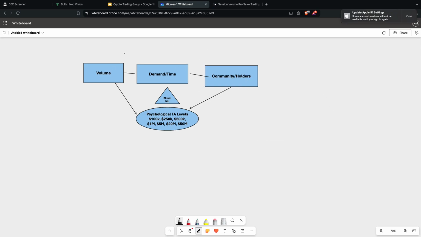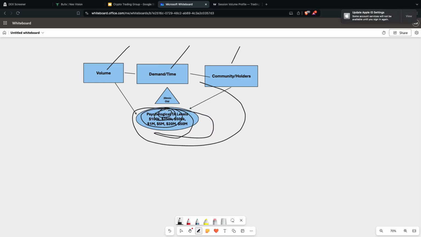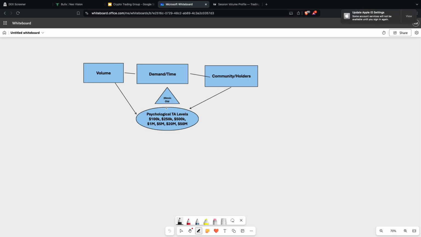Remember, in yesterday's episode, we talked about the volume, the demand, and the community, and also the psychological technical analysis levels that you need to concentrate on in order to be a successful meme coin trader. So just to have a quick recap, right? The reason why volume is very important is that volume shows demand.